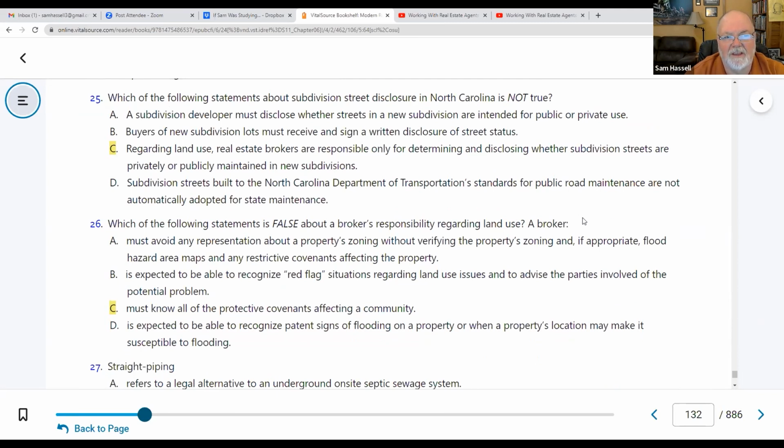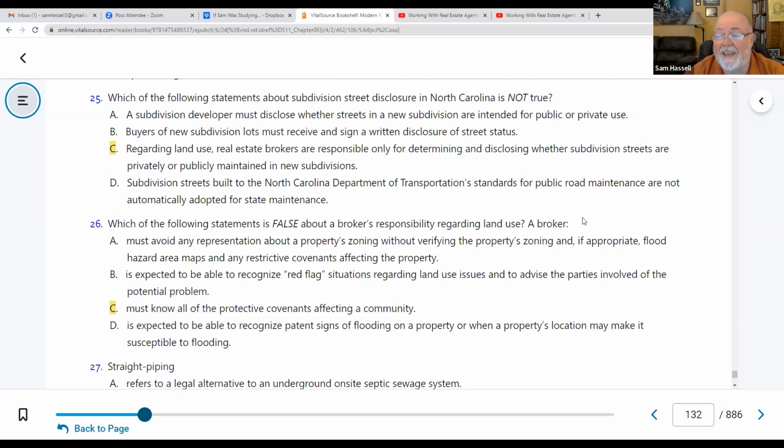Regarding land use, real estate brokers are responsible only for determining and disclosing whether subdivision streets are privately or publicly maintained in a new subdivision. Not true. A is true, a subdivision developer must disclose whether the streets in the new subdivision are intended for public or private use. B is true, buyers of a new subdivision lot must receive and sign a written disclosure of the street status. And D, subdivision streets built to the North Carolina Department of Transportation standards for public road maintenance are not automatically adopted for state maintenance.